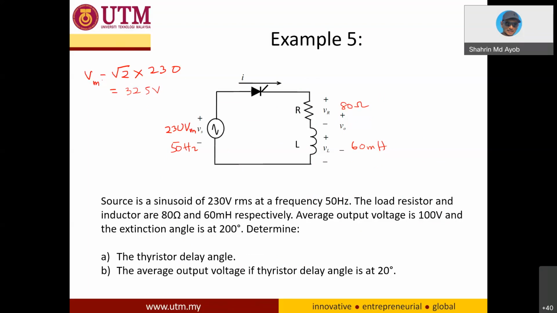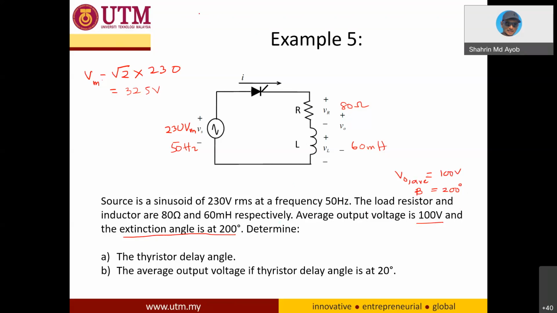Okay, and then it gives you the value of the average output voltage. So V out average is 100 volts. And then it also gives you the extinction angle, which is your beta, at 200 degrees. So determine the thyristor delay angle, which is, I think, very straightforward.